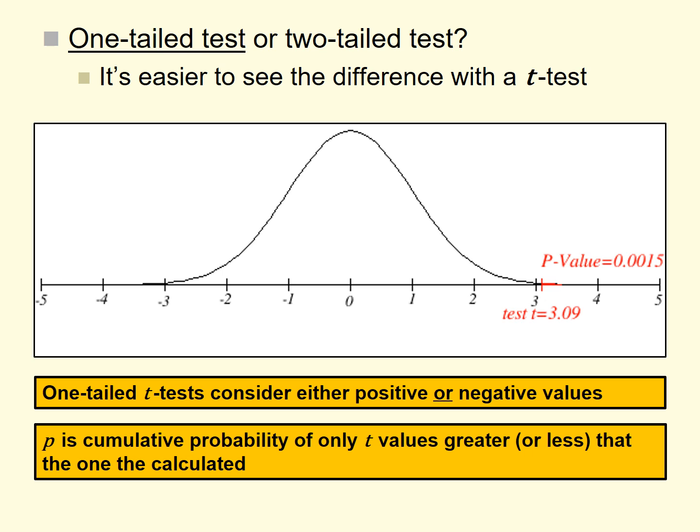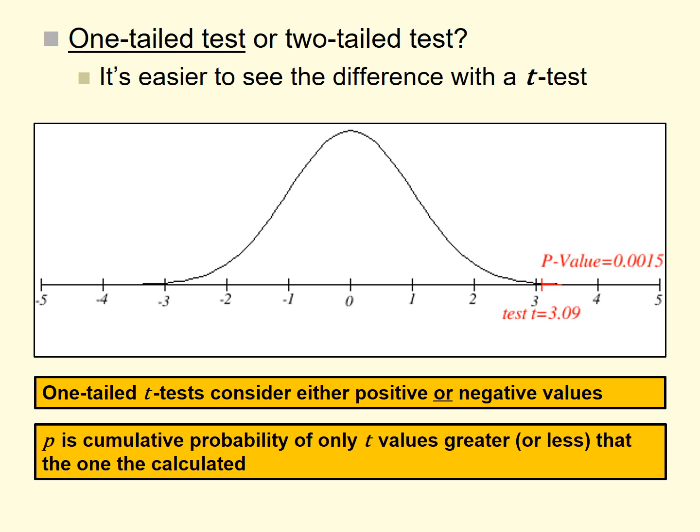With a two-tailed test, that same test statistic, 3.09, and technically also negative 3.09, had a cumulative probability of 0.0031. Here, the same test statistic, t equals 3.09, has a cumulative probability of 0.0015, so about a third of that former value.